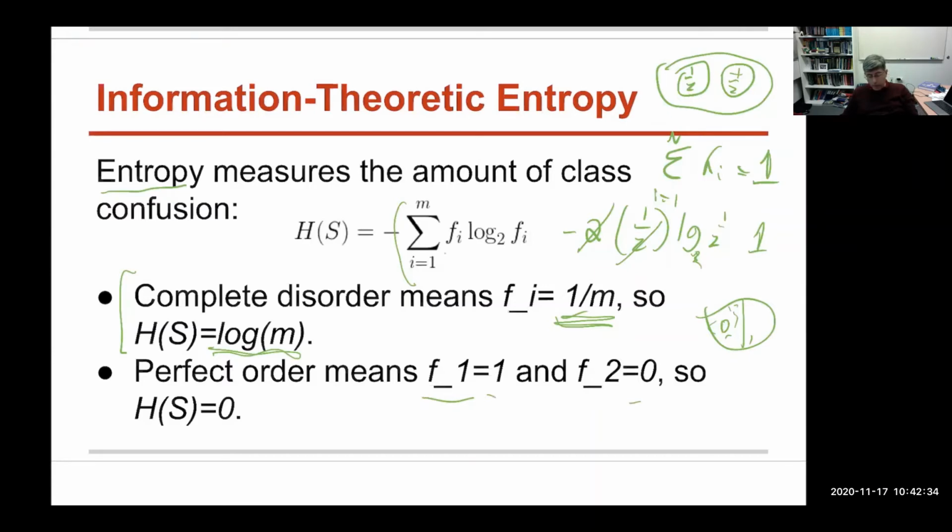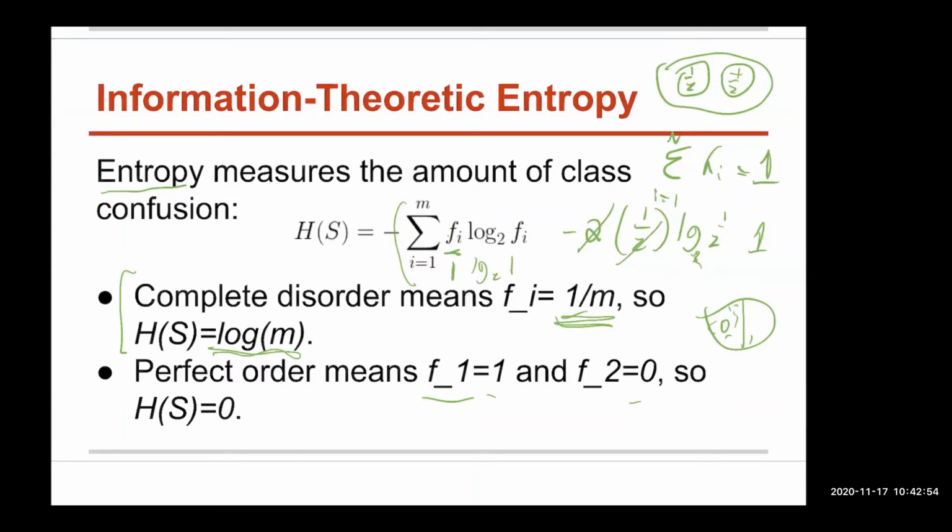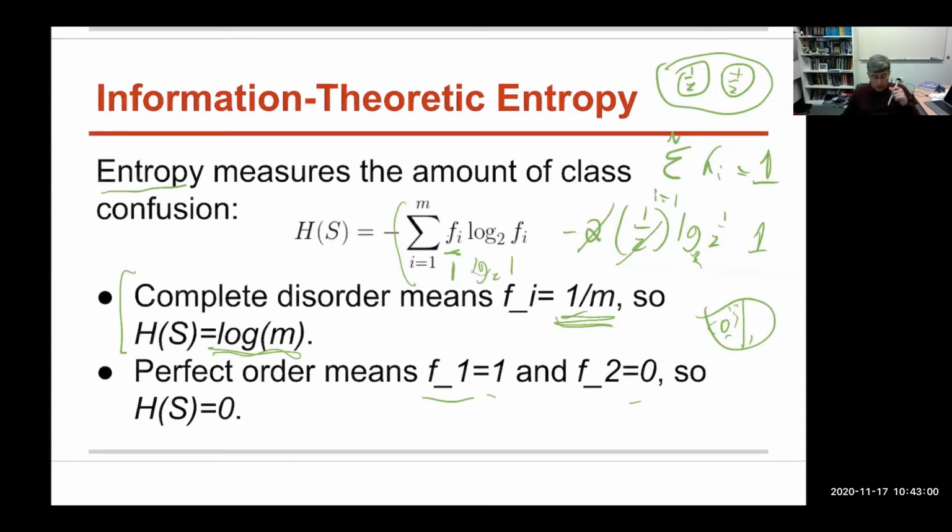For the class that is 0, 0 times the log of whatever is going to be 0. It makes no contribution. For the class that is 1, it is 1 times the log base 2 of 1. What power do we have to raise 2 to get 1? The answer is 0. So the entropy is 0 when they are perfectly ordered, meaning that they are all of the same class. Otherwise, there's the most disorder when the elements are equally distributed among the classes. Any questions?